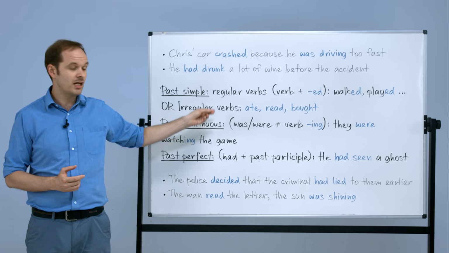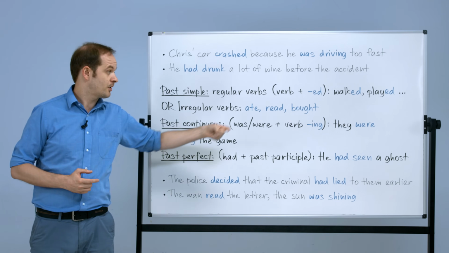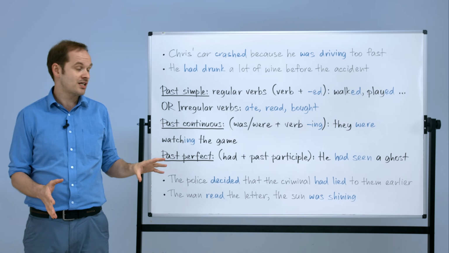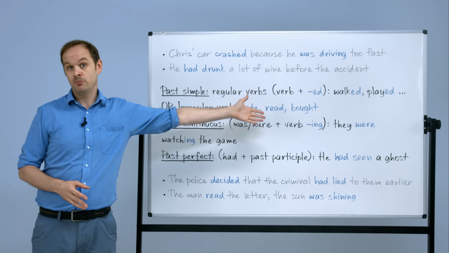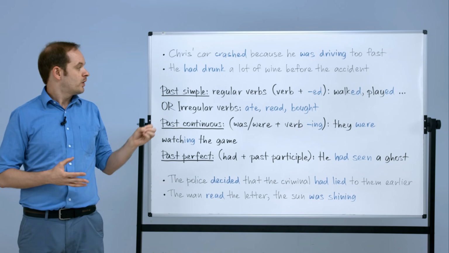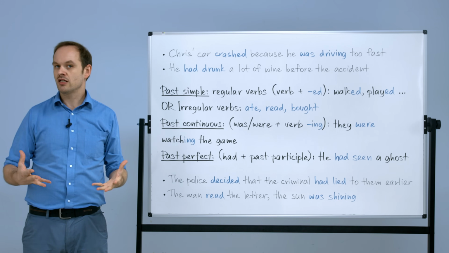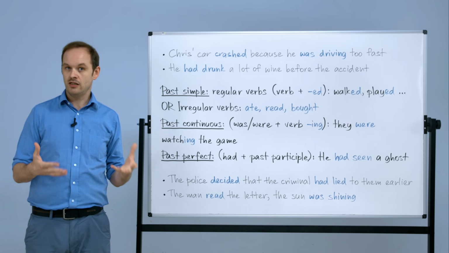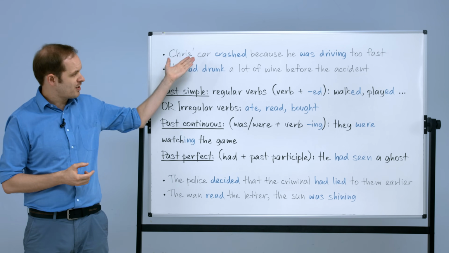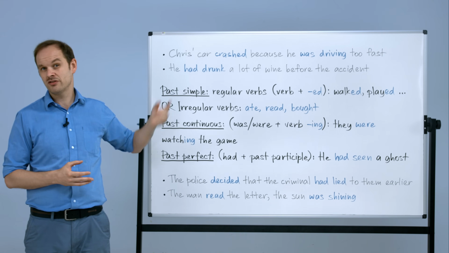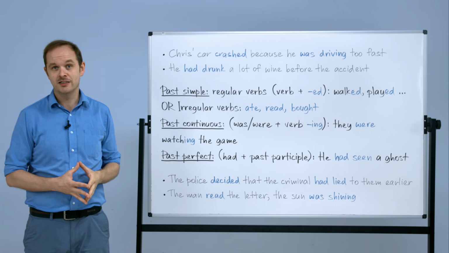For example, eat becomes ate, read becomes read, even though the spelling is the same, and buy becomes bought. So again, we're using the past simple in the story to give the main or most interesting information to the reader or the listener of your story. And it's pretty clear here, the interesting event in this story is me crashing my car.